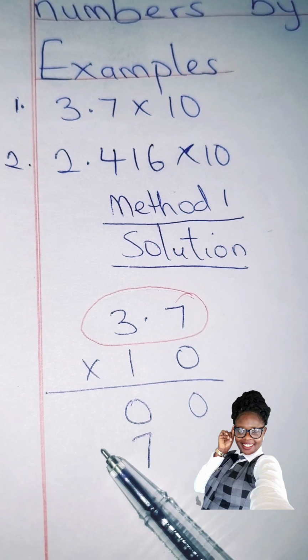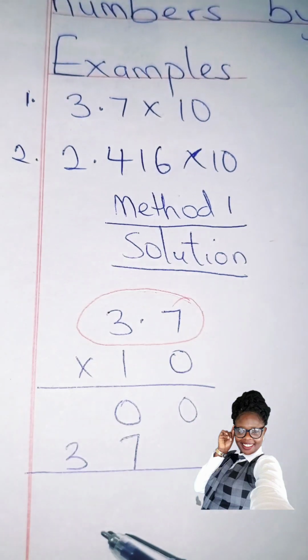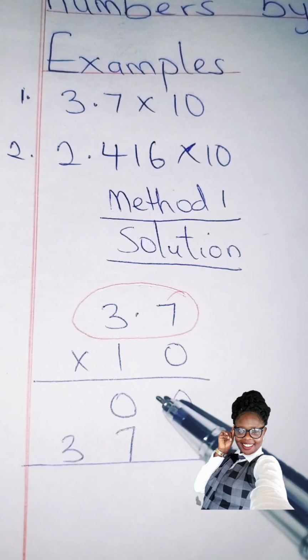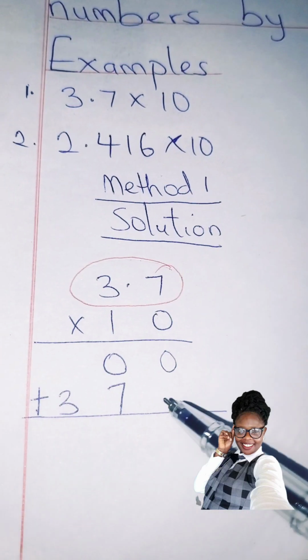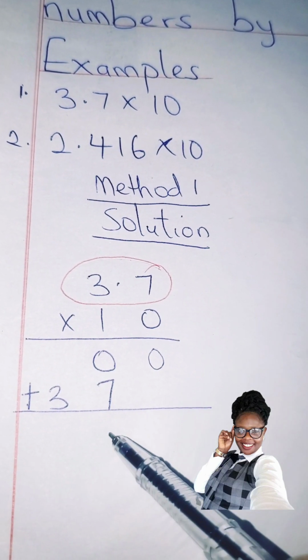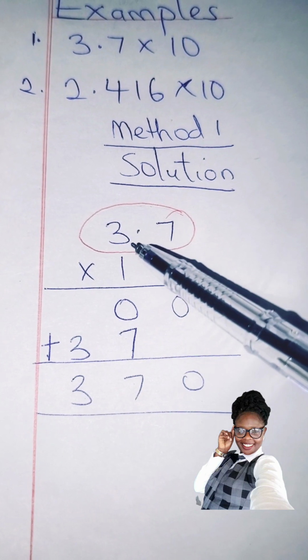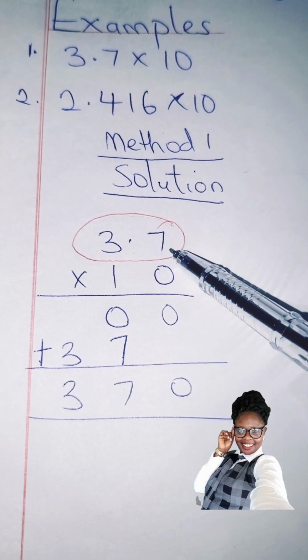You write it here. Do not worry about the decimal points here. When you get your final answer, you fix your decimal points. So after doing this, you add together like this. 0 will be here, 0 plus 7, 7, and 3 is here, 3. Now, you go back to the question, 3.7. How many numbers do we have after the decimal point?